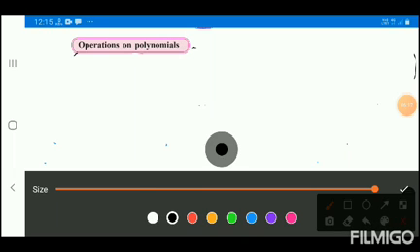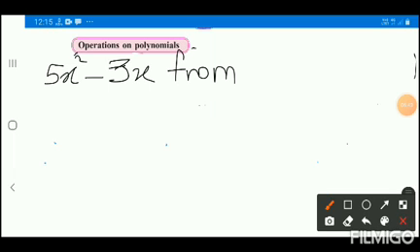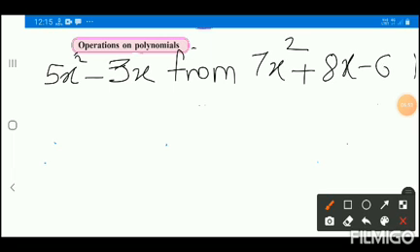Look, 5x square minus 3x. I have to subtract 5x square minus 3x from 7x square plus 8x minus 6.